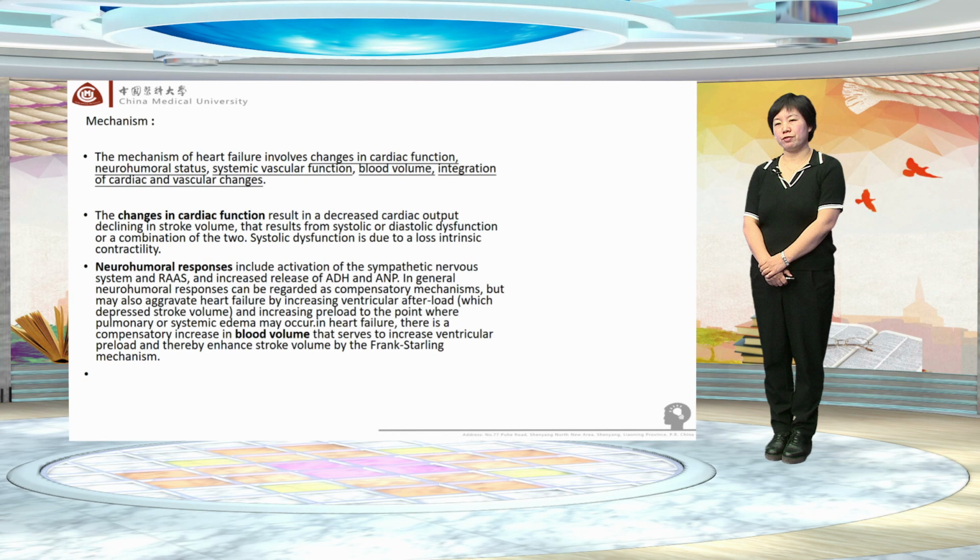The change in cardiac function results in a decreased cardiac output, which results from systolic or diastolic dysfunction, or a combination of the two. Systolic dysfunction is due to a loss in intrinsic contractility.